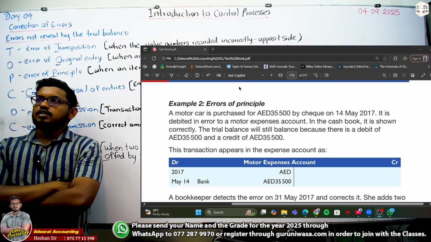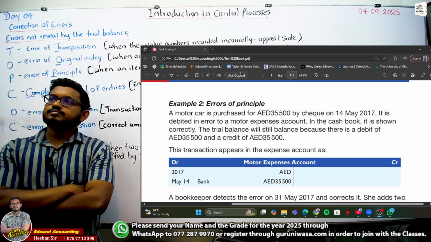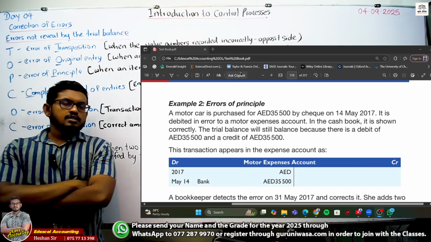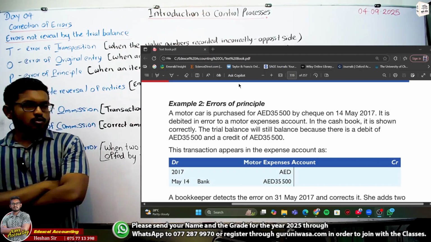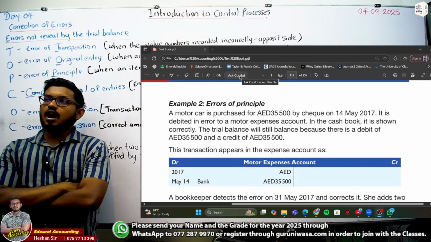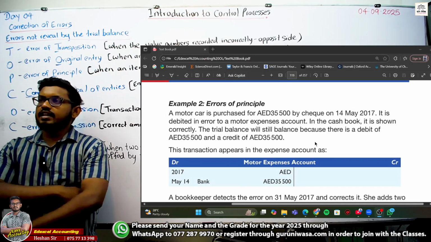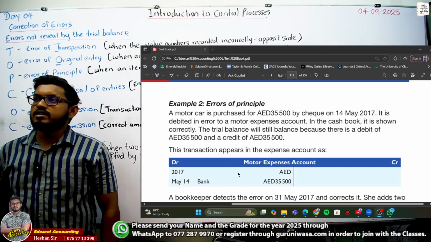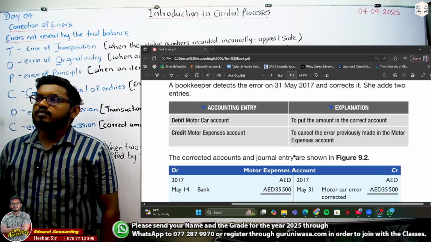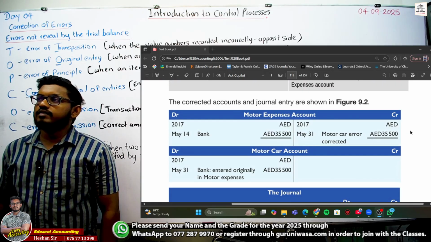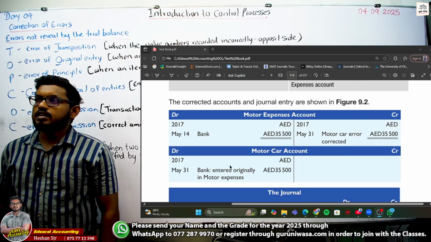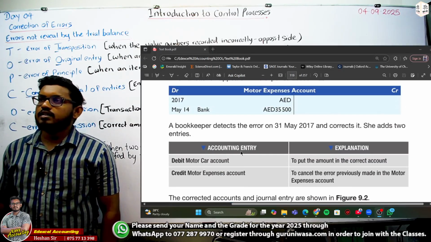When we purchase a motor car, bank or cash book is credited, but the motor car account should be debited, and we mistakenly debited the motor expense account. So we need to credit the motor expense account and debit the motor car account, right?